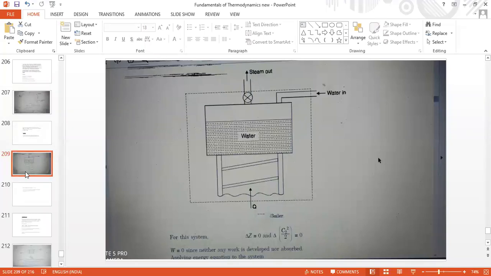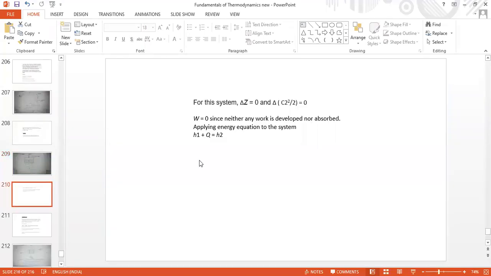Here the specific condition substituted is W equal to 0.